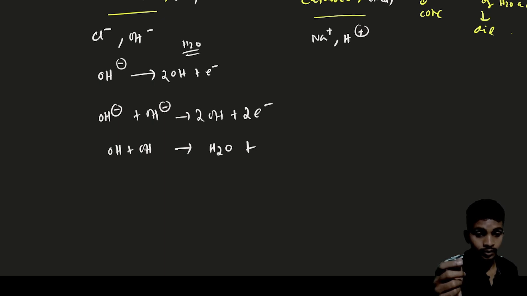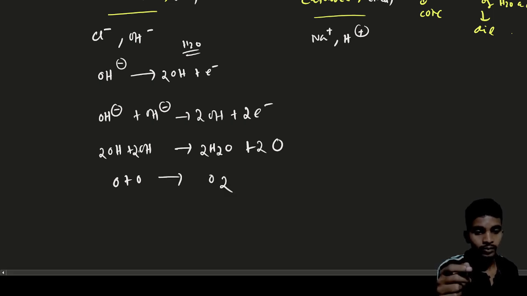Plus one O. Yes, this one O, and O also does not exist alone, so O plus O gives O2. Since this is 2H, I have to multiply both sides, so 2O then exists as O2. How many? 4OH.